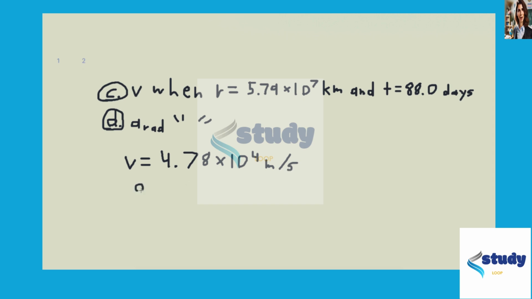And the radial acceleration again is v squared over r. So I take the value for v here, plug it into the radial acceleration equation, and use the r value that I've written up here.